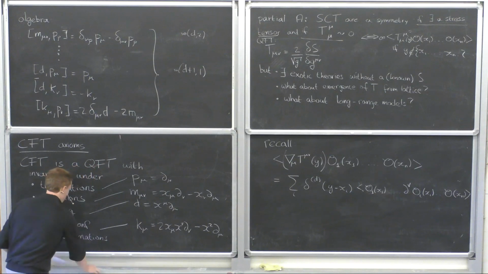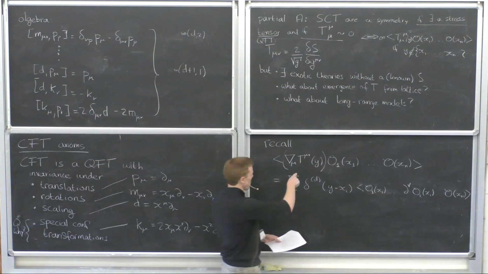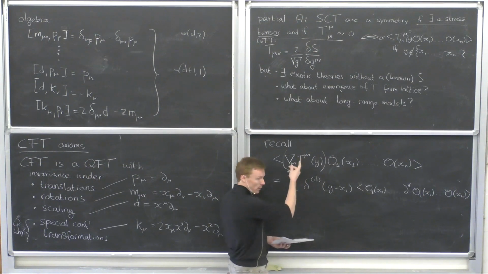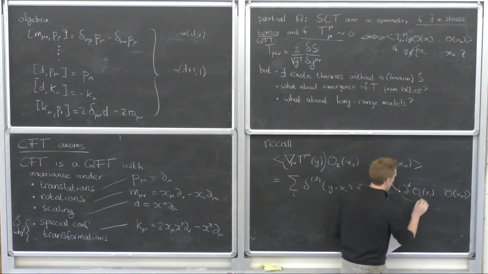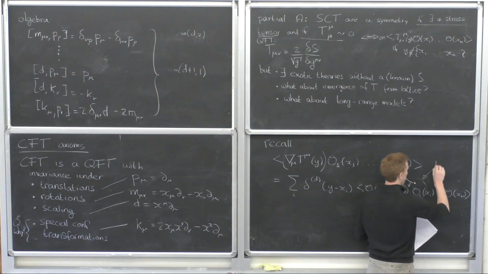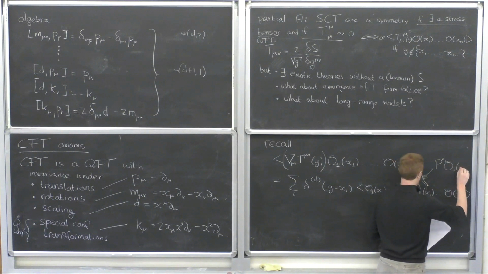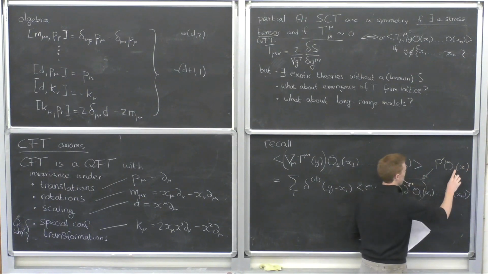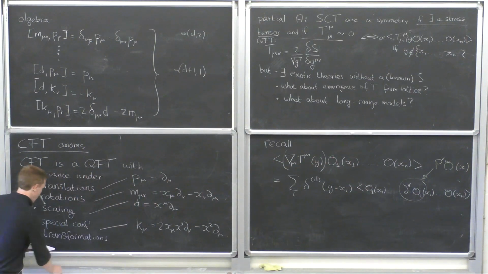What I'm doing is that these are the classical symmetries. There is a quantum generator of these symmetries, which is essentially the stress tensor. And this is the action of the quantum operator P nu on the operator O of x. Okay? And that's what the stress tensor does.